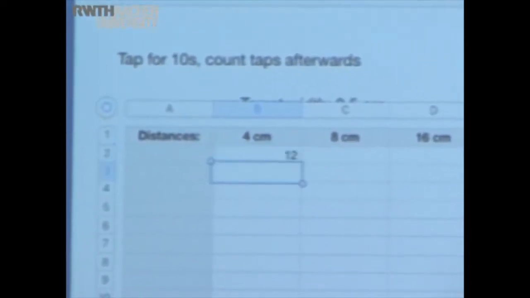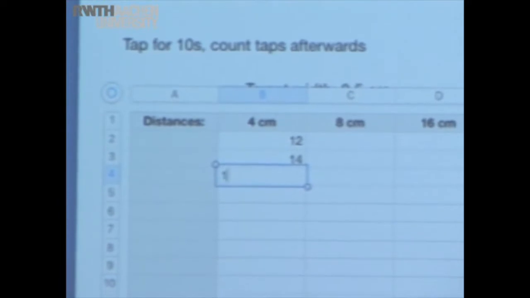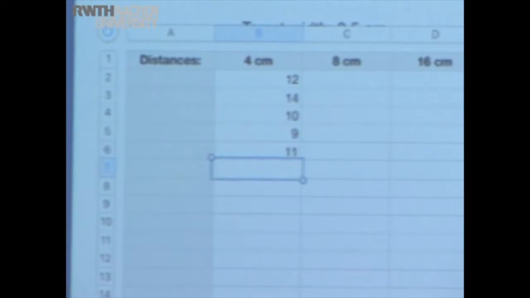Now I need to have a couple of numbers again. Third row from the right, for the half centimeter width and 4 centimeter distance, how many taps did you have? 12. Same sheet, what did you have? 14. 14. 10. 9. 11. 30, or 13? 13. 30 would be quite impressive. 14? 7.